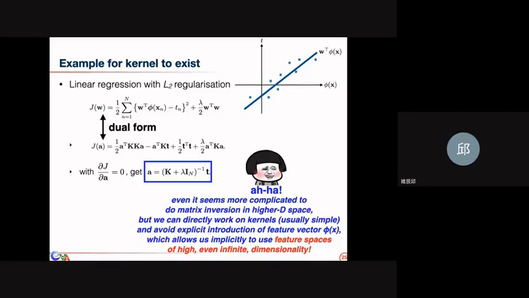Let's try another explanation. I want to use a high dimensional feature space because it is usually beneficial, but I don't want to explicitly compute it. Under this consideration, you can directly go to a simple kernel, for example the radial basis kernel.